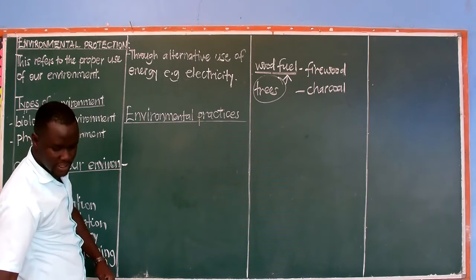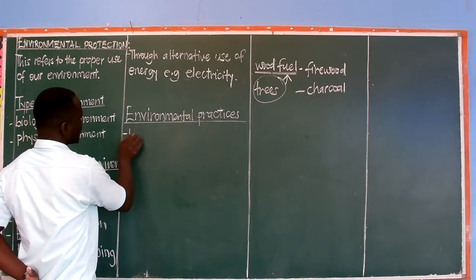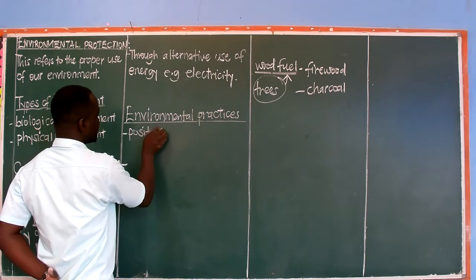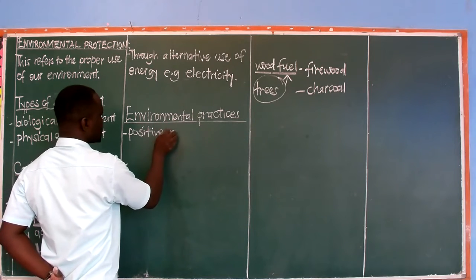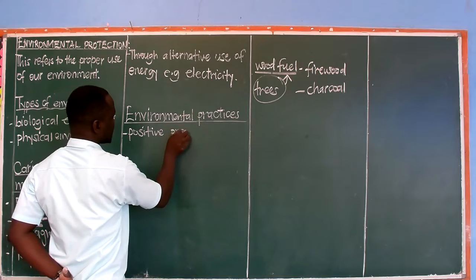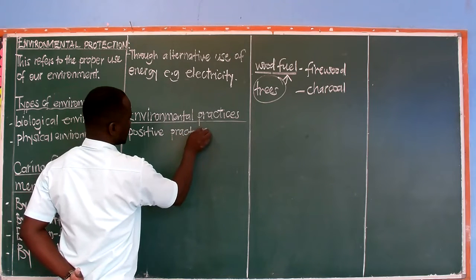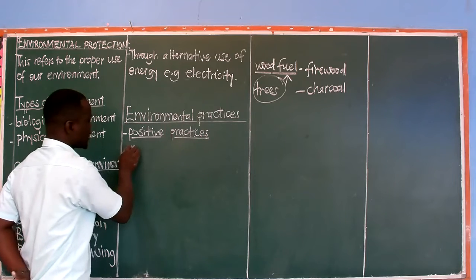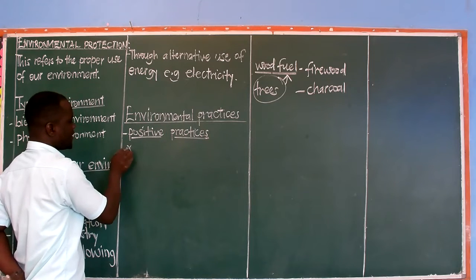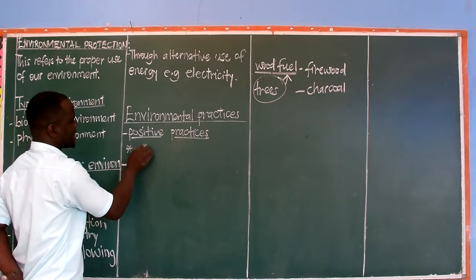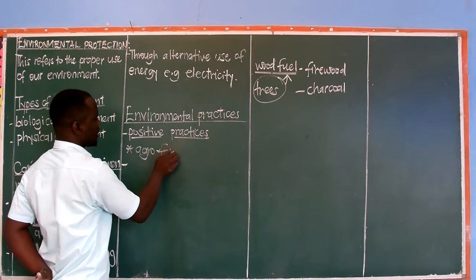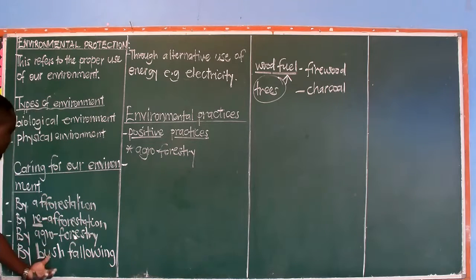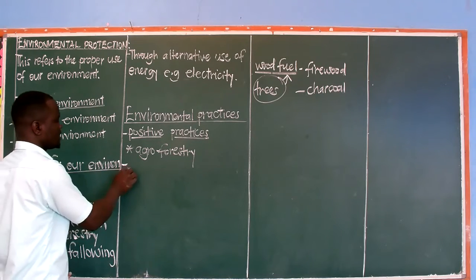We have those that will lead to the destruction of the environment, then those that will lead to the protection, positive practices. These are the good ones. Which are these positive practices? We have in our books practices like agroforestry. These ones come back. We may not be able to write all of them here.